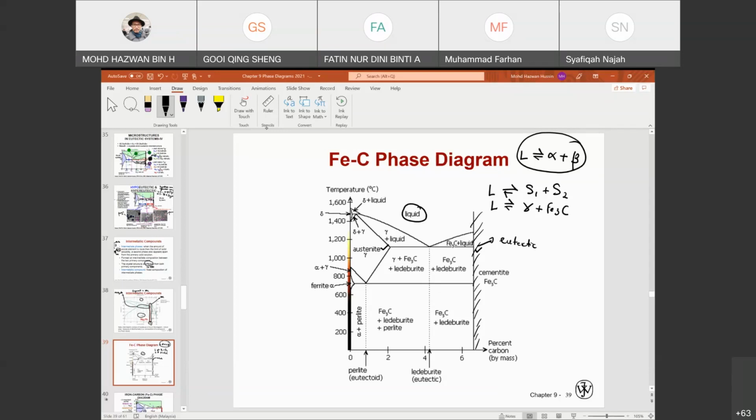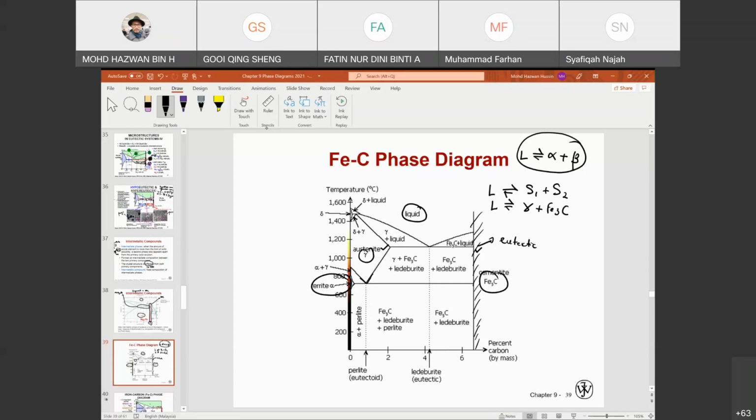And for the iron carbon phase diagram, there will be an additional reaction that you are going to see. Okay, still we are looking at the horizontal line over here. And this horizontal line, the top one, you see there's like a, apa tu, kita cakap intersection of the liquidus line. Top kita nampak gamma or the solid, and the end kita nampak dekat hujung ni is actually ferrite and also cementite.